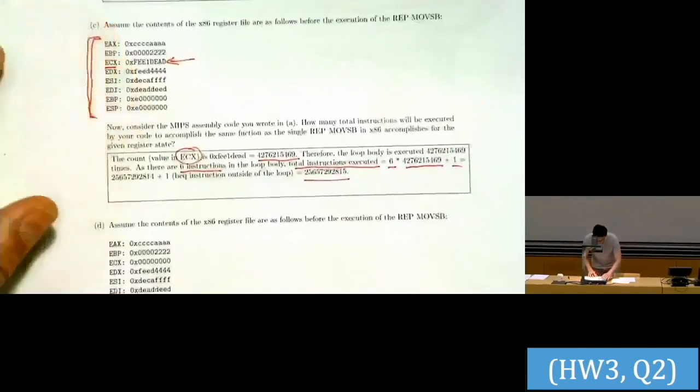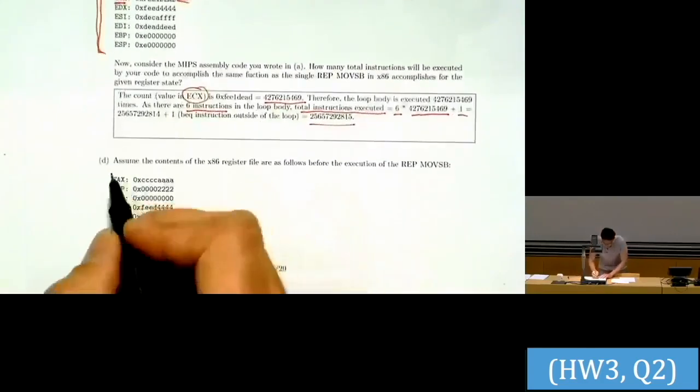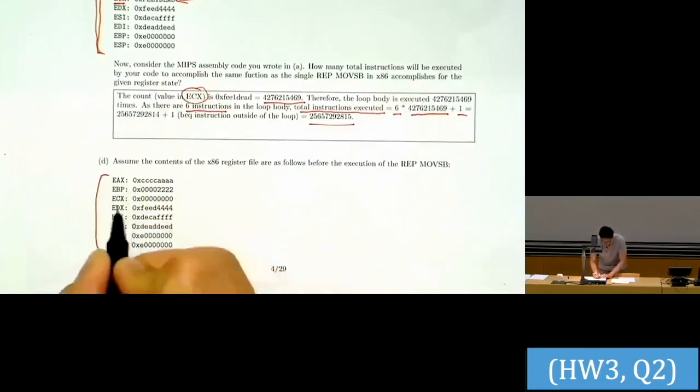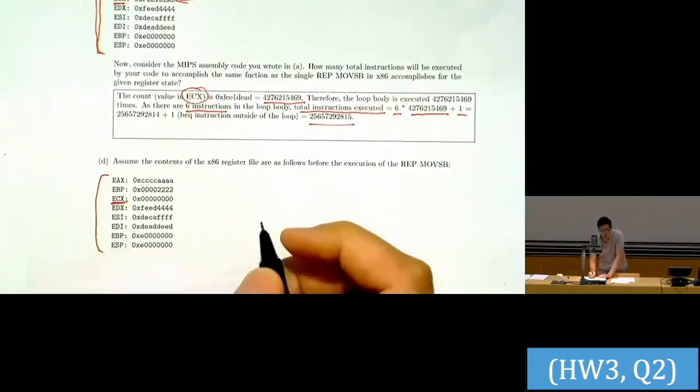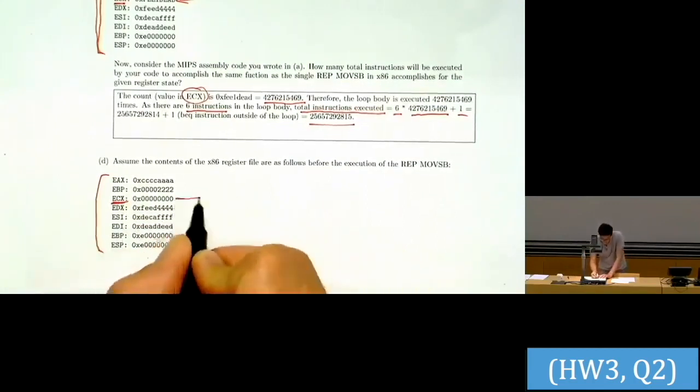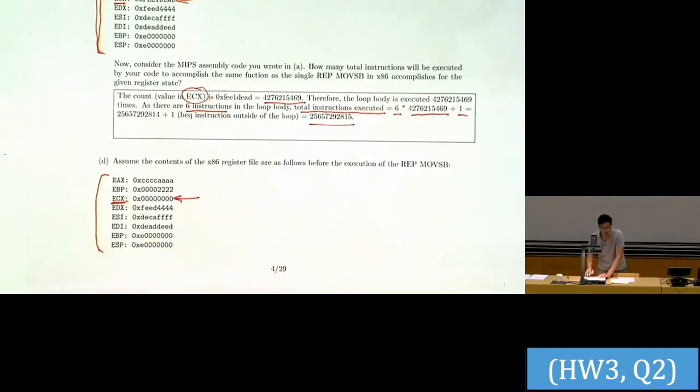The last part, part D, is exactly the same. The question is exactly the same, but the contents of the register file in this case are different. If you observe the value of ECX this time, it is 0. So if it's 0, we are not going to enter the loop, right?